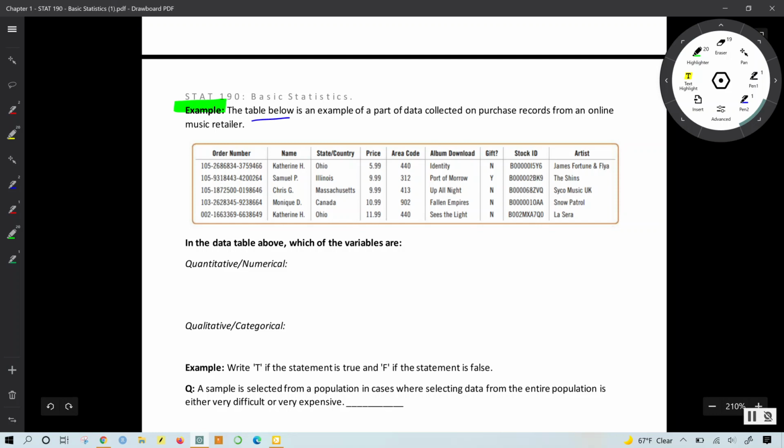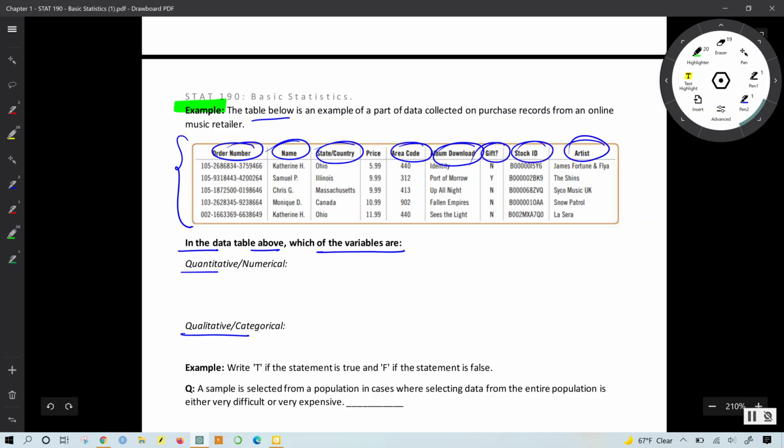So with that question completed, we look at the next example. Here we have a table which we saw earlier, and in this table, which of the variables are quantitative, which are categorical? Take note that order number, name, state or country, area code, album download, gift, yes or no, stock ID, and artist, all of these are categorical because either it places each purchase in its own group, in which case it's a unique identifier, or it places it in a group along with some other purchases away from all those who share different characteristics.